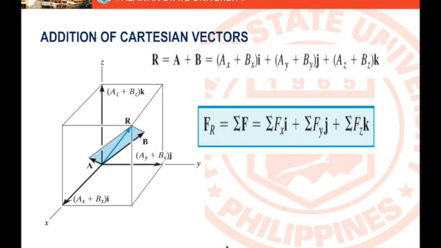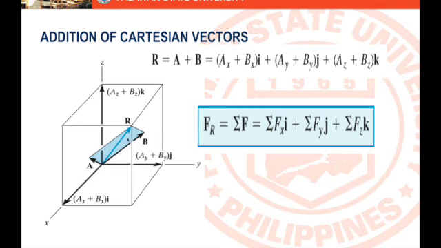Now let's go to addition of these Cartesian vectors. Again, we are so used to forces 1, forces 2 in 2 dimensions. Now let's use A, B, C, and D for our 3-dimensional vectors. So still the same.